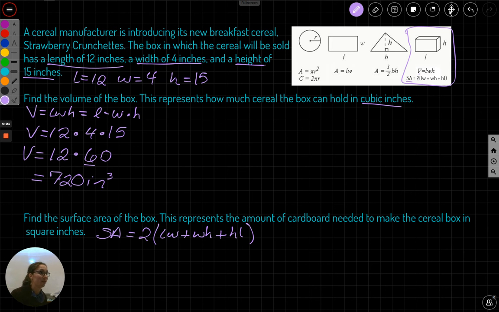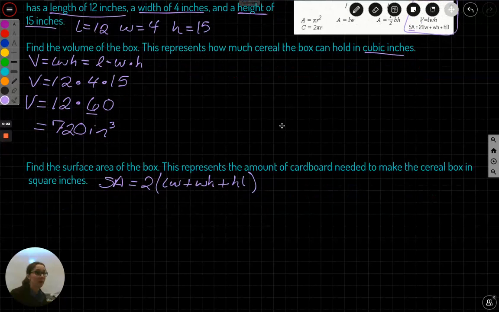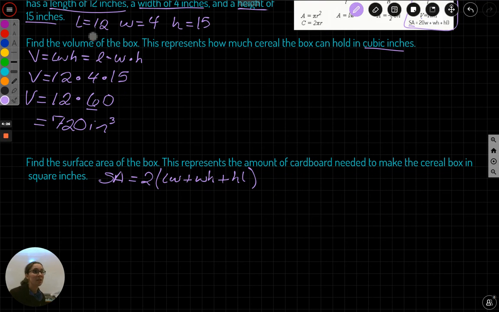And I'm going to move this up so we have more room to work. There we go. We've still got L is 12, W is 4, and H is 15. So equals 2 times, the 2 is just going to stay there. L is 12 times W, which is 4, plus W is 4, times H, which is 15, plus HL, 15, times 12.